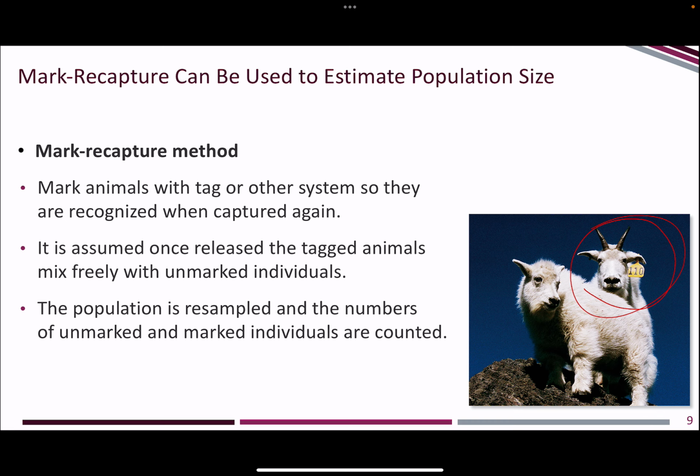And this works because basically you are assuming that once you release them, these animals disperse amongst their population. They spread back out to their natural area. And then you have an equation that you can use to help you estimate that population size based on the ratio between the unmarked and the recaptured animals.